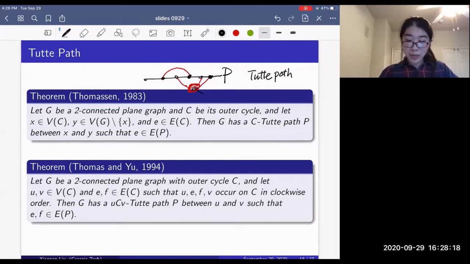If P is a C-third path, it means that all bridges have at most three attachments. If a bridge contains an edge in C, then this bridge has at most two attachments on P. I'm not sure if I said it clearly.